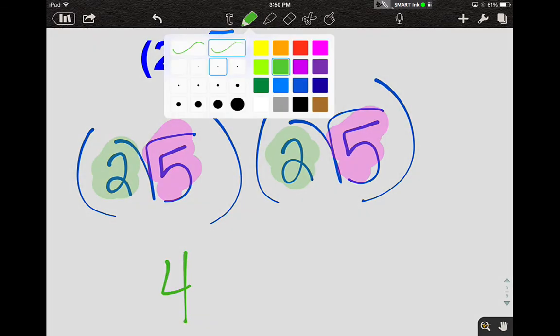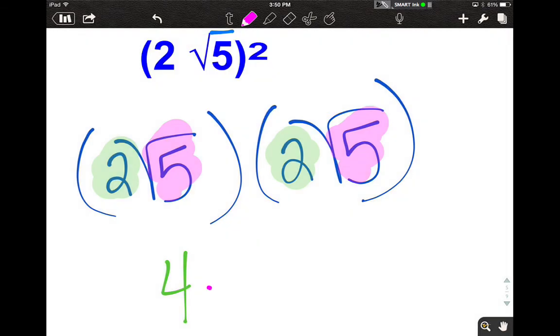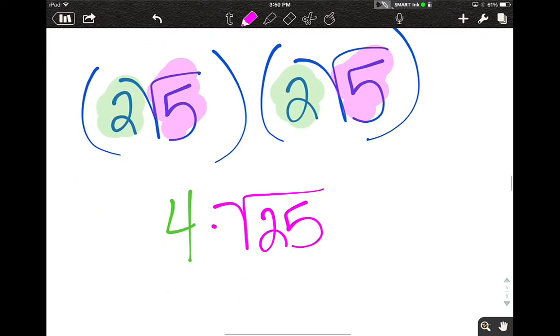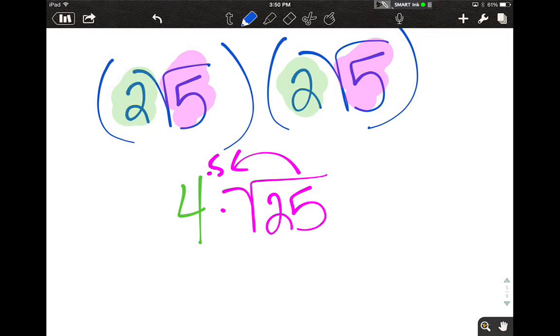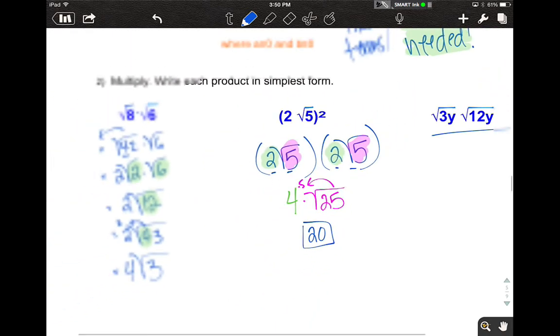When you do the pink part, you're going to have the square root of 5 times the square root of 5. Well, wouldn't that be the square root of 25? And what's cool about that is it's a perfect square. The square root of 25 is just 5. So, hopefully you can see that your final answer turns out to be pretty nice. It's just 20.